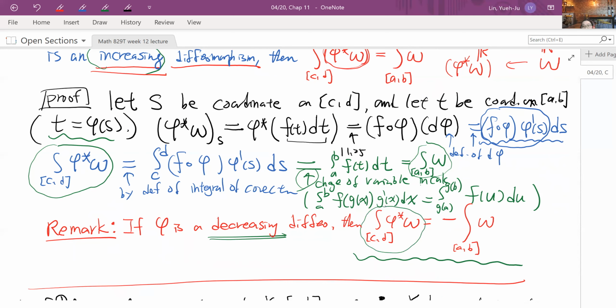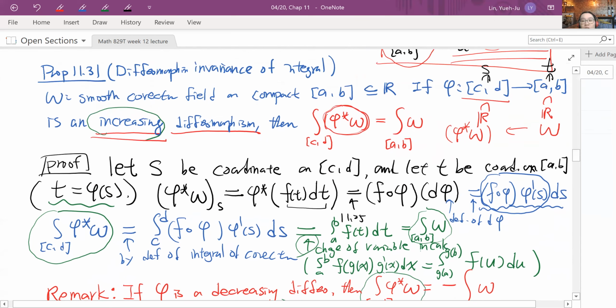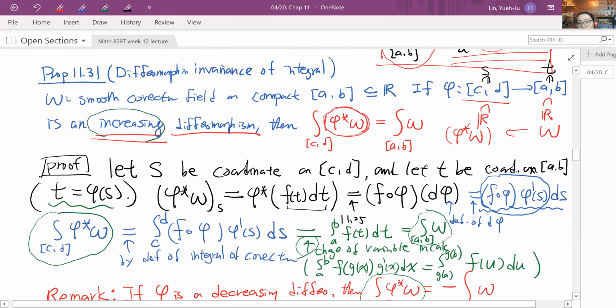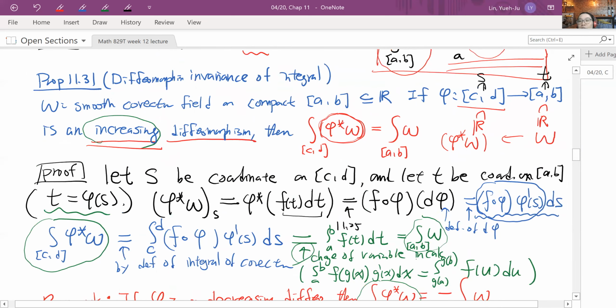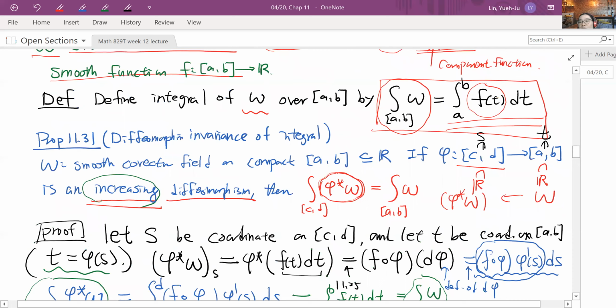So this is really just by the definition of what the integral of omega looks like over some interval. And since the way we define it is really through the usual calculus, the usual integral over some interval in R, all the properties we saw in the usual single variable integral are going to carry over here.